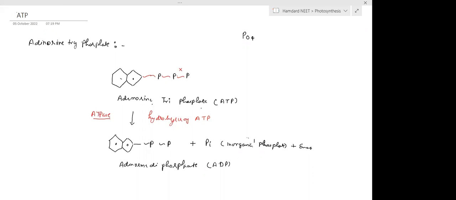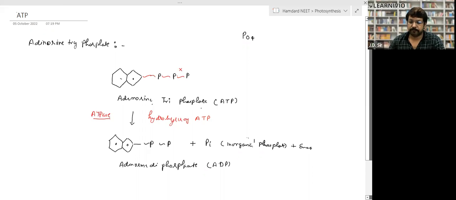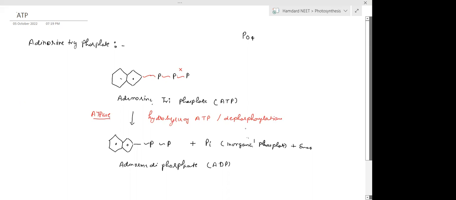This reaction is also known as dephosphorylation. Is that clear? Yes. Okay.